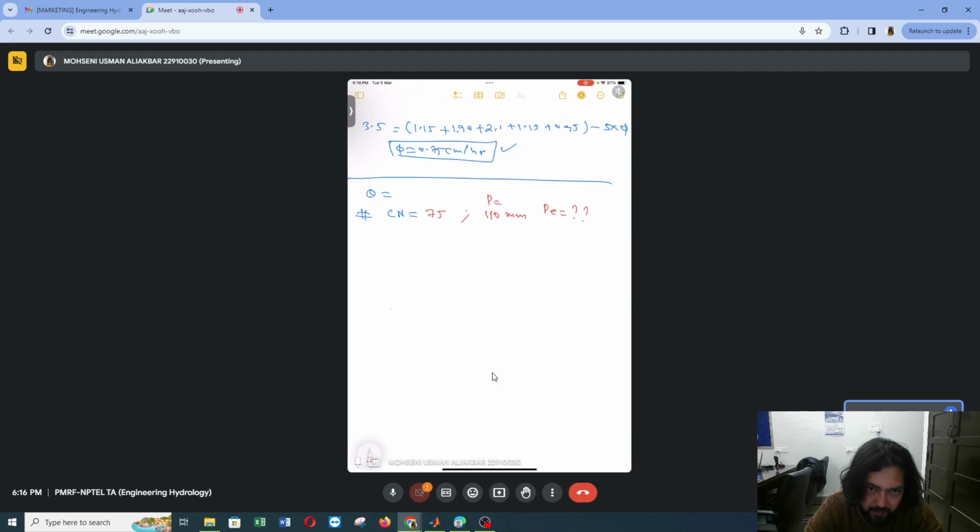I think this is a very simple sum. The first thing that we need is the maximum retention S, which depends on the curve number. This will give us the value of maximum retention in mm, and if we know the maximum retention, we can calculate PE also because we know the equation.